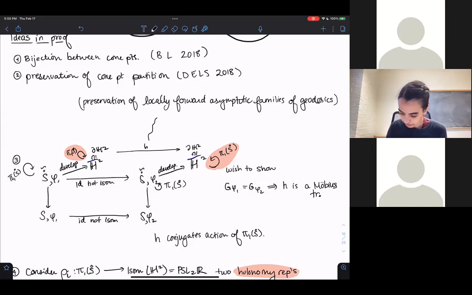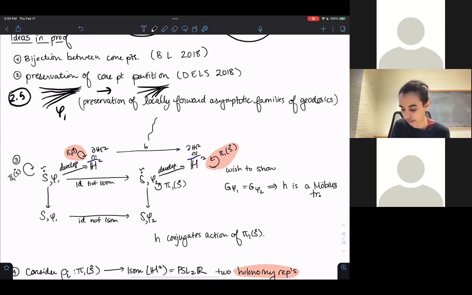And I didn't write it down, but actually one more thing, so let's call it 2.5 here. We show that if you have a forward asymptotic family in phi 1, that gets sent to a locally forward asymptotic family in phi 2.